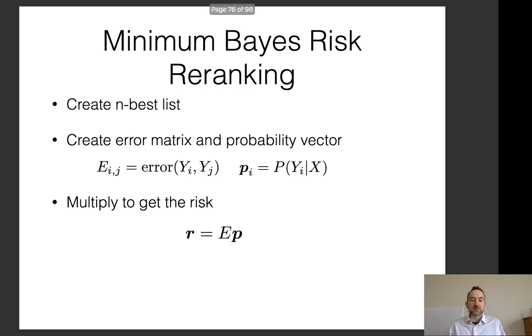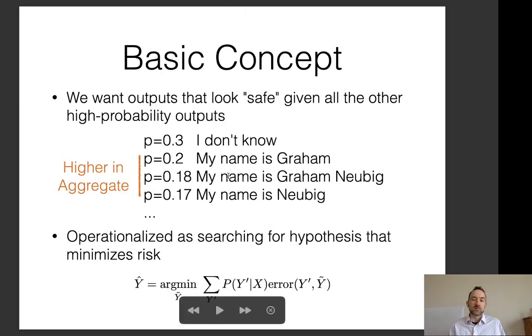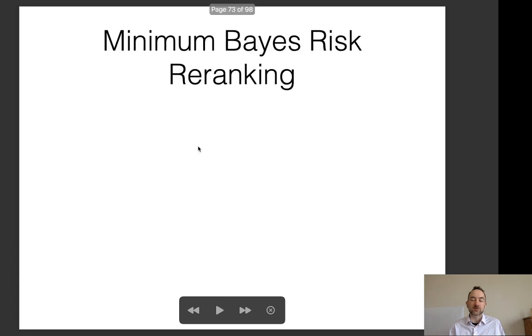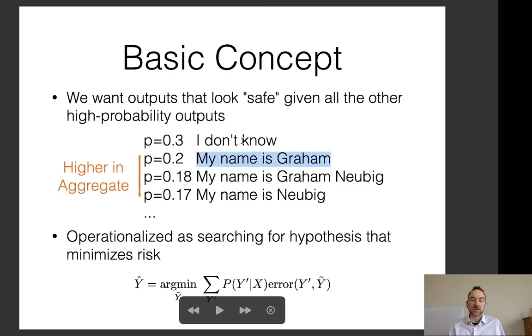To give an example, like I talked about before, let's say we only had these 4 hypotheses. We would create a matrix of size 4 by 4, where the diagonals would all be 0, presumably, because there's no error if you get the value exactly correct. Then element 1, 2 would be the error of getting "my name is Graham", given that the true answer was the second element here, "I don't know", et cetera.